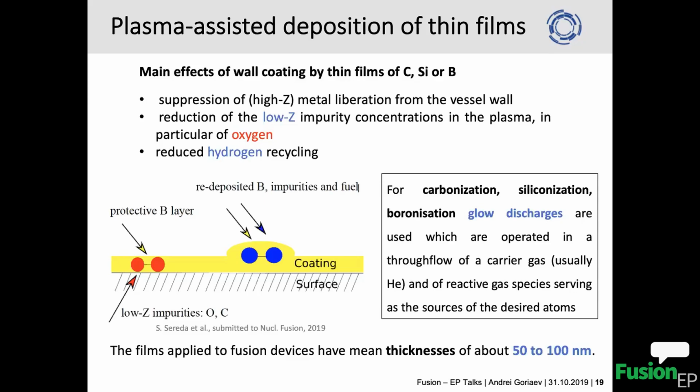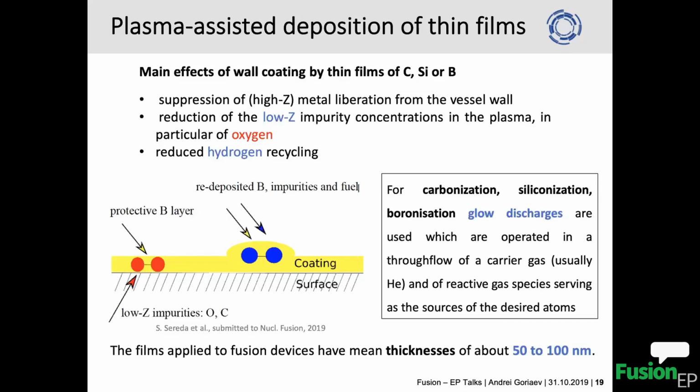And depending on your device, it can reduce the hydrogen recycling, so it can partially solve the wall fueling problem. Based on experience on previous devices, there are three main techniques: carbonization, siliconization, and boronization.